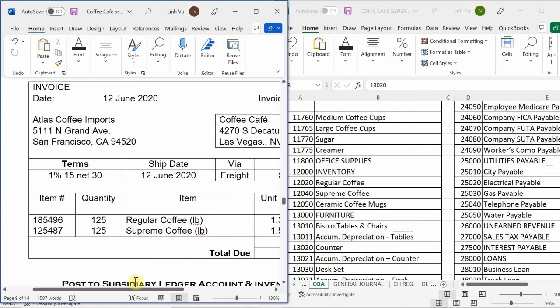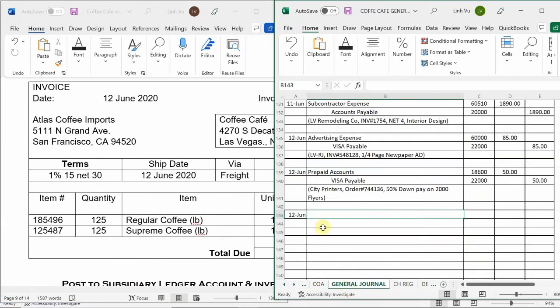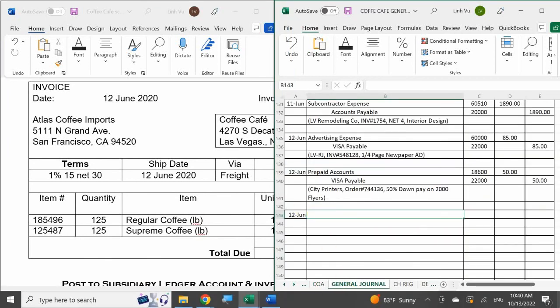So if I'm not paying now and I pay later, what account am I going to be using to represent me paying later? It would be accounts payable. Good, which we already know and use a lot.